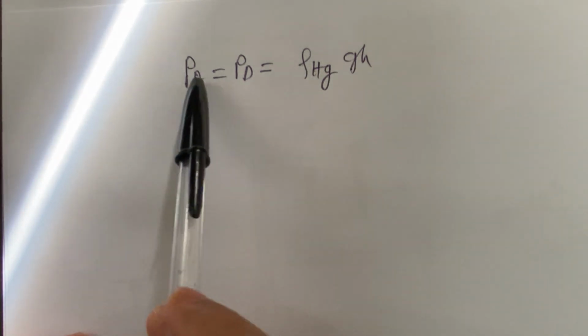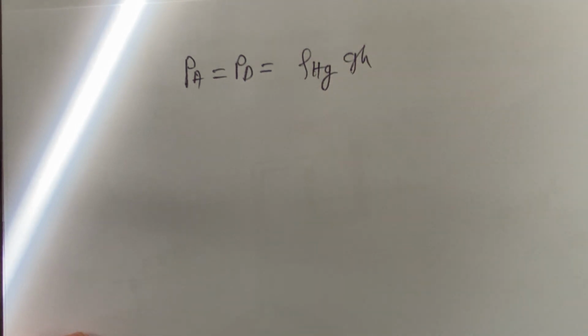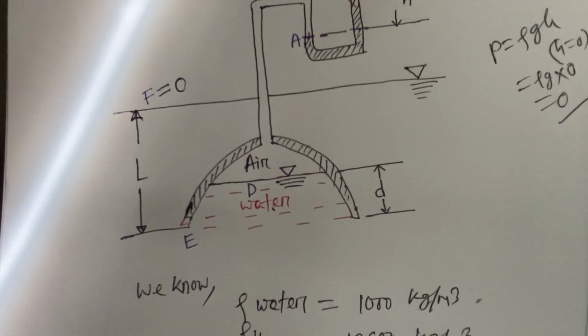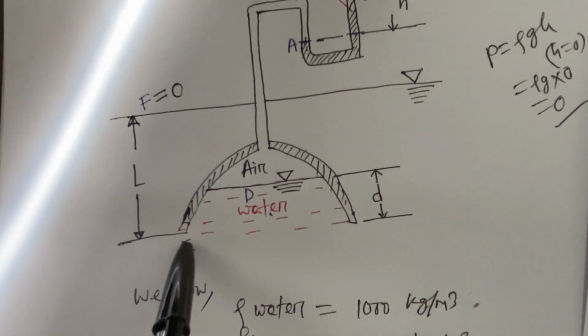We said the pressure at this point A and D is equal. It is actually equivalent, but we said it is equal. Now the second part: we calculated the pressure at A and D. What is the pressure at this point E?